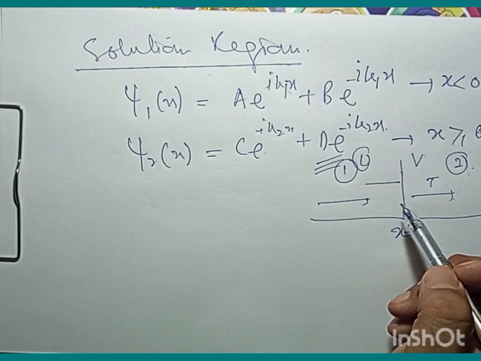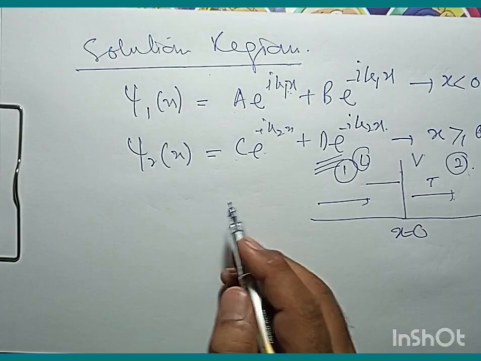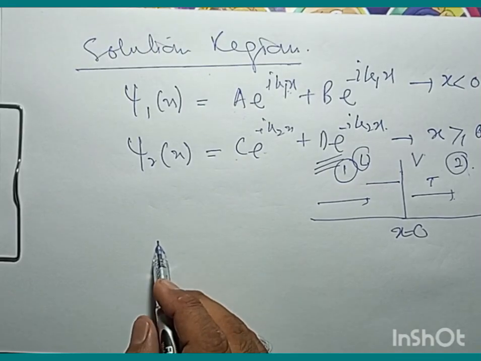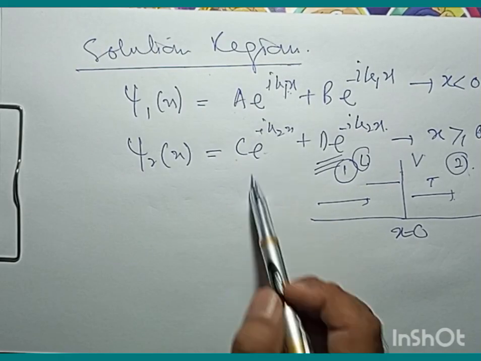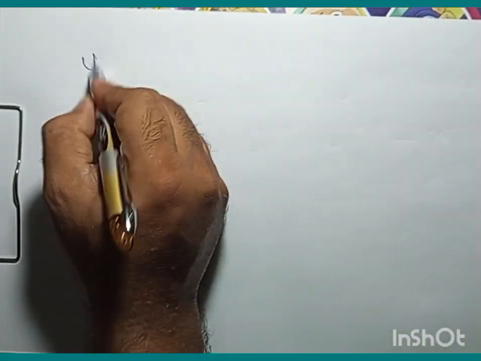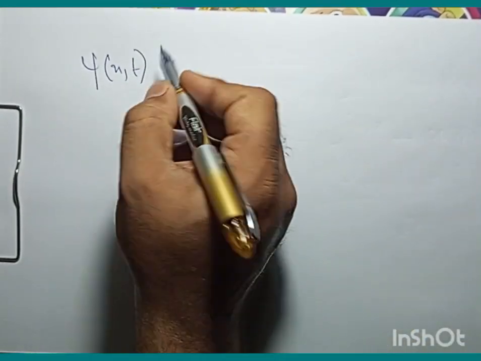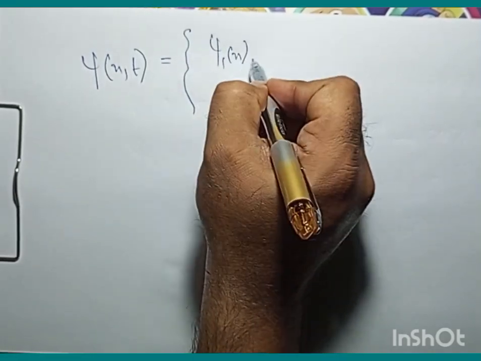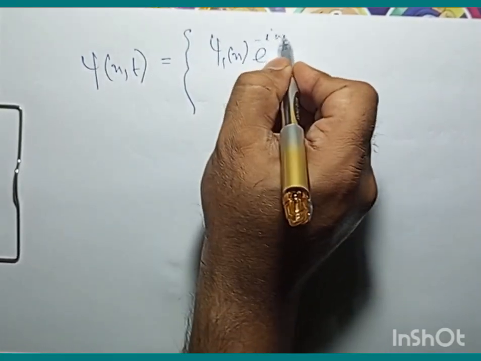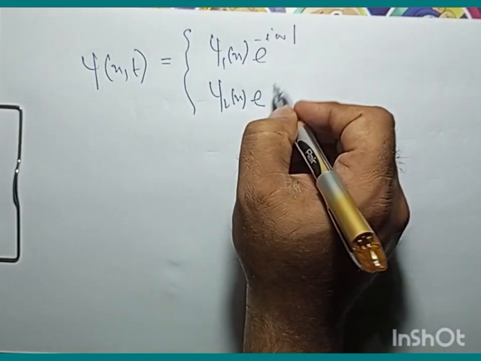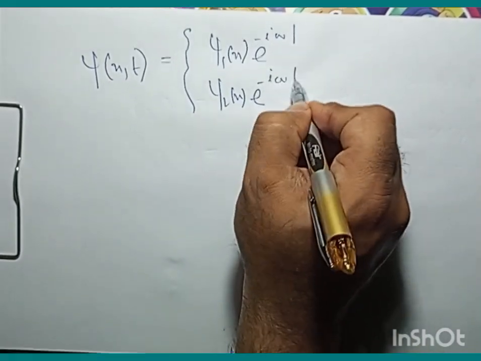How can we write down the whole wave function for the given problem? Choosing, psi of x and t is going to give us psi 1 of x e to the power of minus i omega t, and psi 2 of x e to the power of minus i omega t.